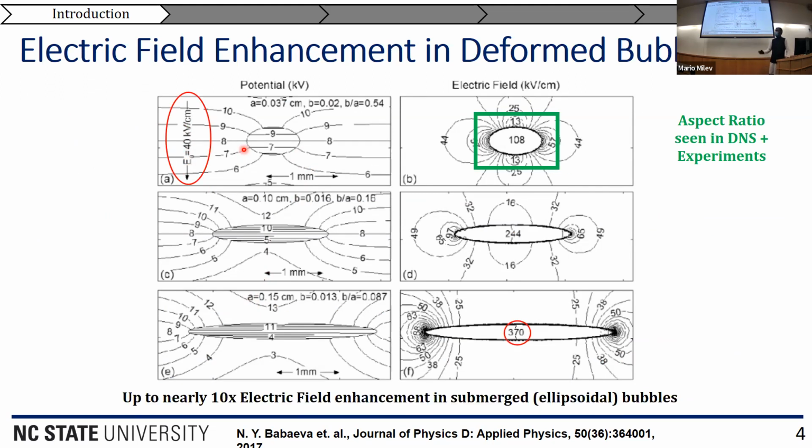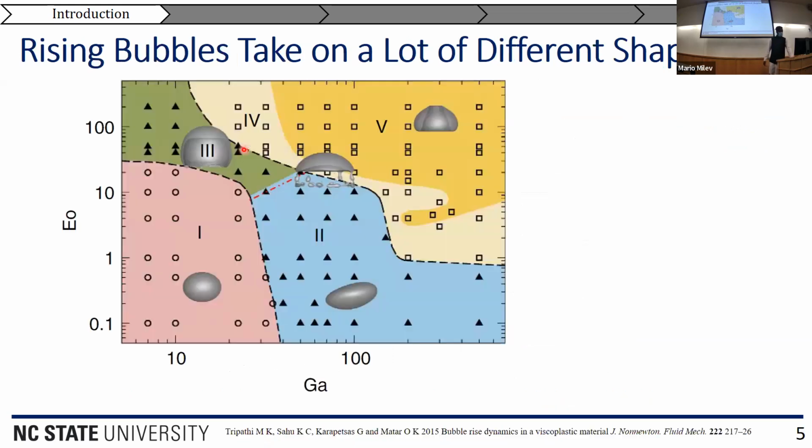Based on the work in this paper, they noted up to 10 times electric field enhancement in these ellipsoidal bubbles. And while we might not see that in 2D based on our shapes, in 3 dimensions, we think that we might actually see a comparable electric field enhancement. But that's some of the work we'd like to do in the future.